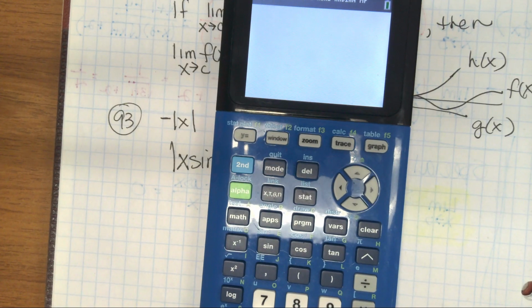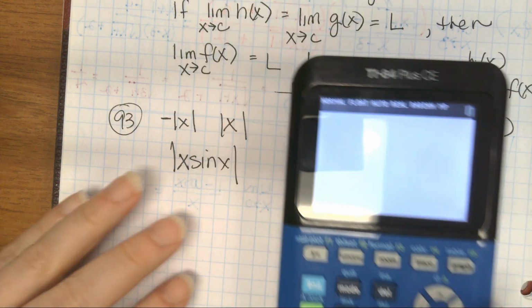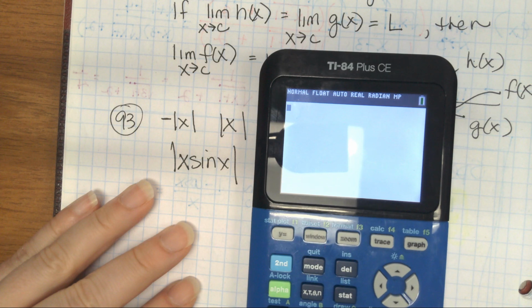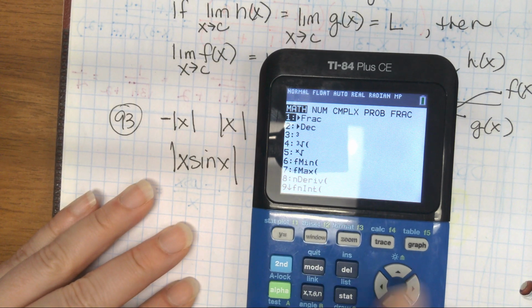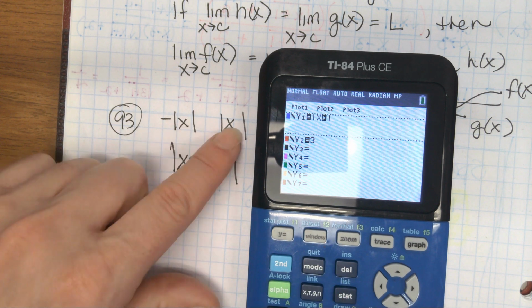So, which limit are we finding? The limit as x goes to 0. So there's the absolute value of x.